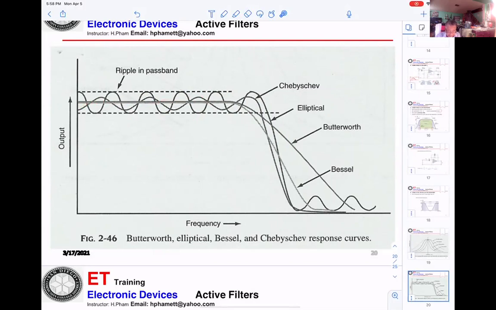However, the slope is higher than Bessel. So in this example, Bessel is the best. First, it doesn't have any noise in the mid range. And also the cutoff is better than the worst.